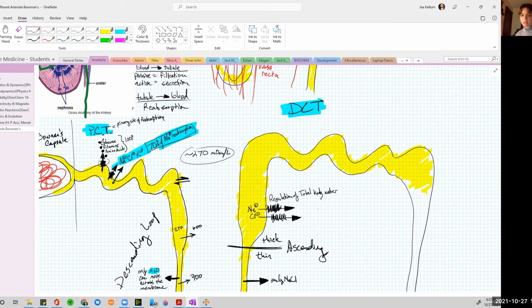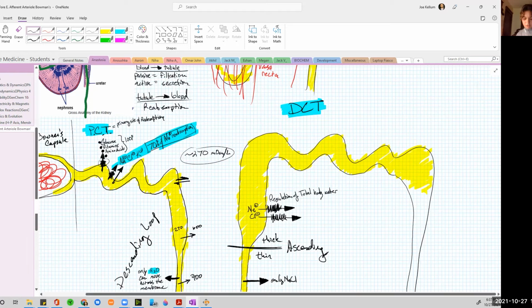Increasing water. So it's not going to do that, because remember, you have to move sodium to move water. So you definitely are going to increase water reabsorption here by increasing sodium reabsorption. But the way that you reabsorb sodium in the distal convoluted tubule is you've actually got this exchange taking place that turns out to be pretty important.